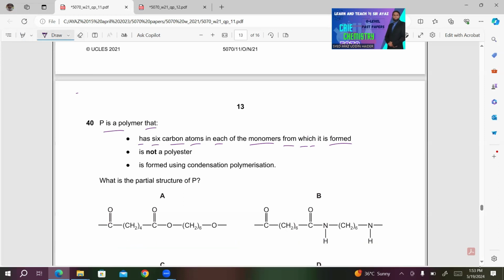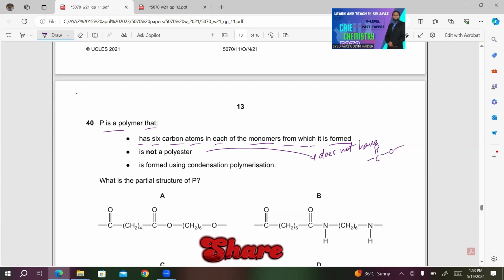It's not a polyester, means it does not have this linkage in it. Is formed using condensation polymerization.